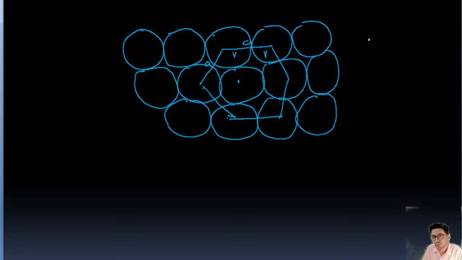So you can see A equals 2R. The figure is not looking exact, but consider it a hexagon. A equals 2R is clearly seen from the figure, because this total distance is A, and this is the radius, this is the radius: A equals R plus R.